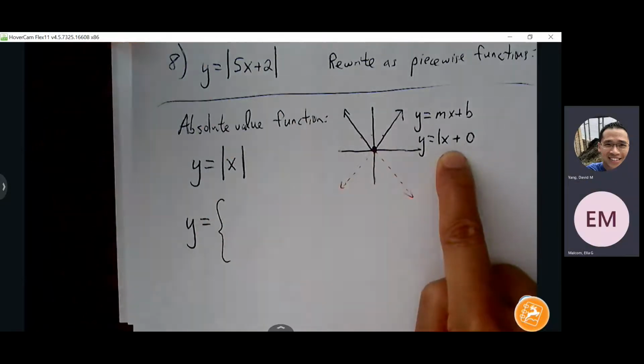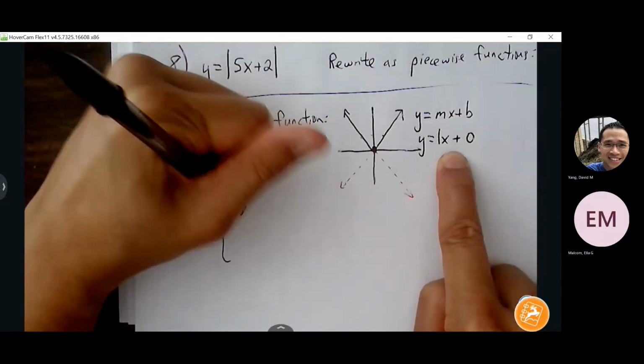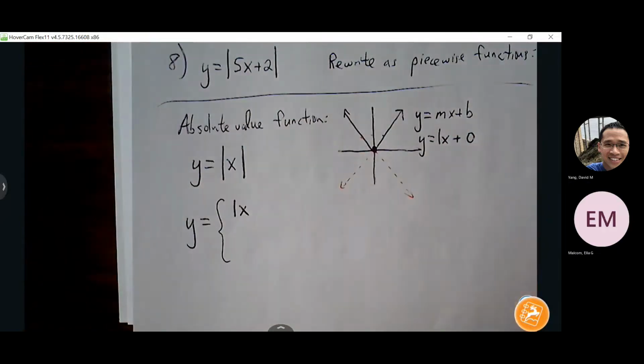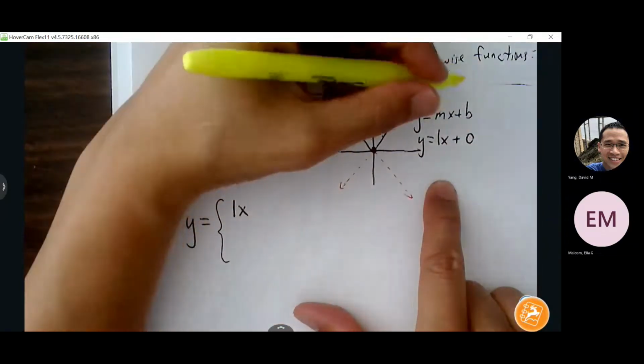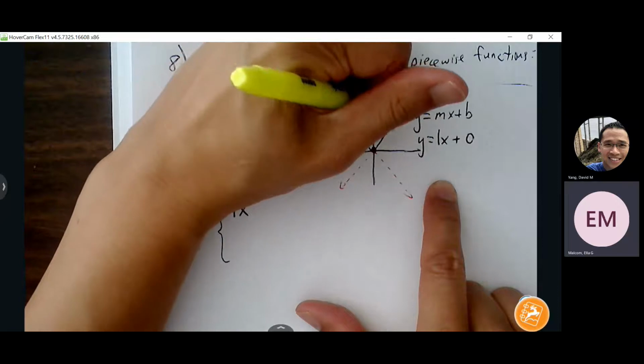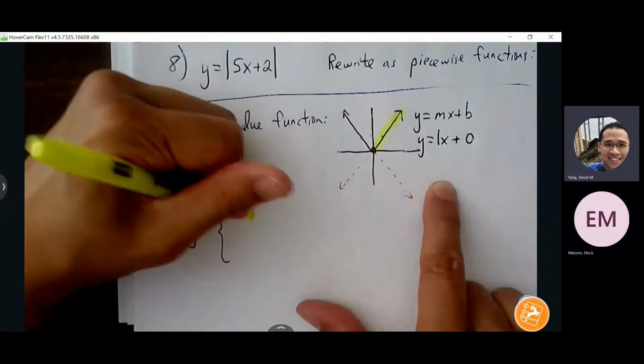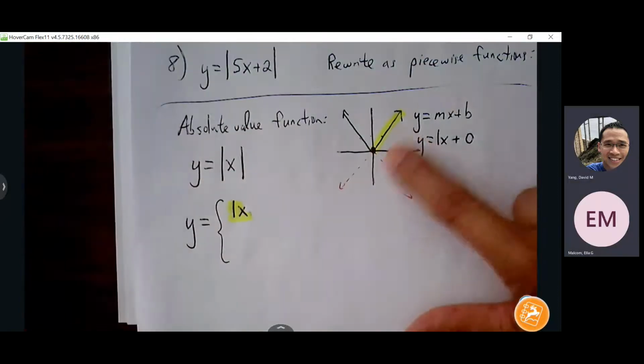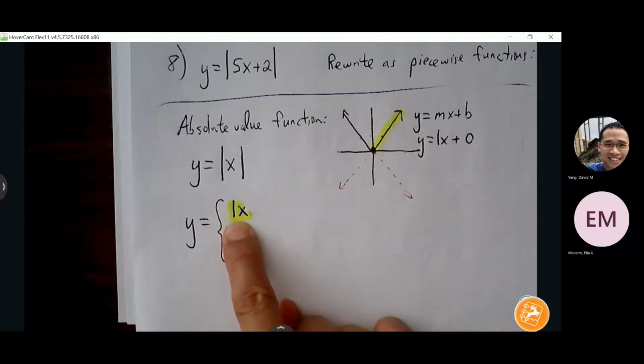So just 1x. Does it make sense that this graph here is just 1x?